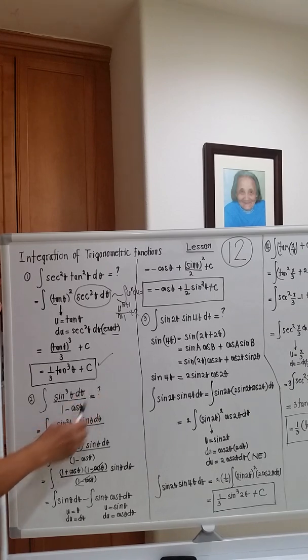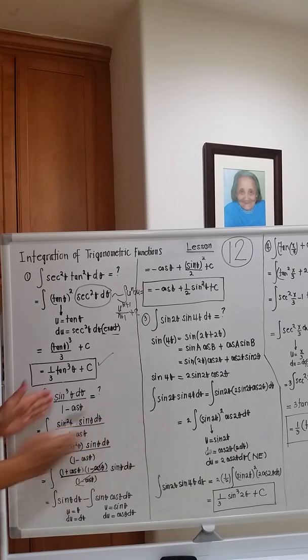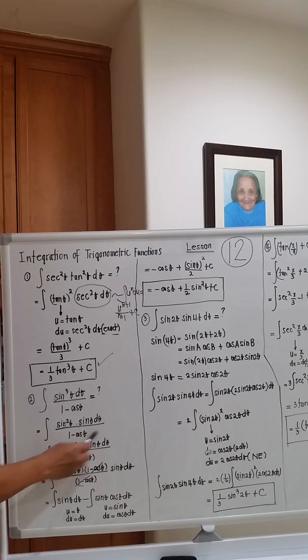The integral of this should be equal to the integral. Sine cube can be written as sine square of theta, sine of theta, differential theta. Second power, first power, that's third power. We just expand, okay? All over 1 minus cosine of theta.